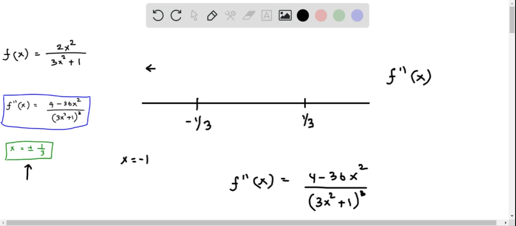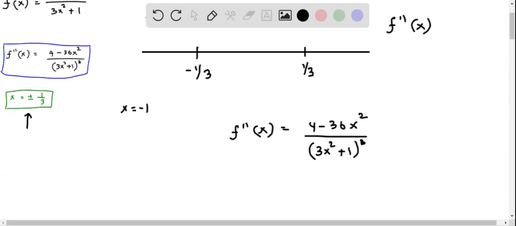In fact, we can reduce this to only 4 minus 36x squared because this denominator expression is going to be always positive irrespective of any number, whether it is positive or negative, because we have a square term. 3 times a positive number is positive, plus 1 is going to be positive, and cube will be positive. So you can just remove this for sample points. So we can consider only this expression, which will be easy for us to determine the sign.